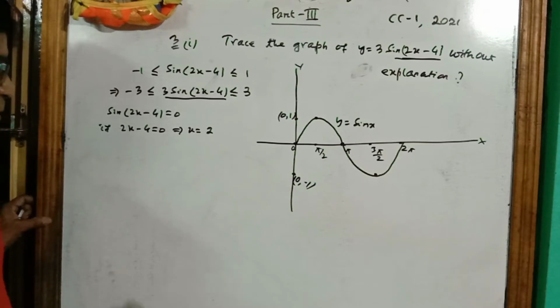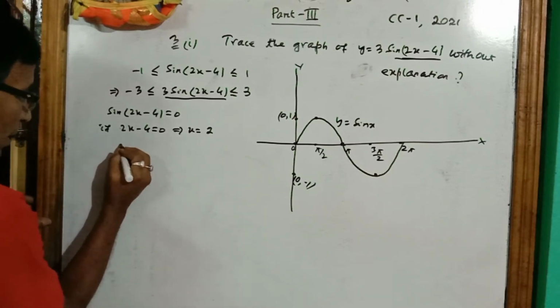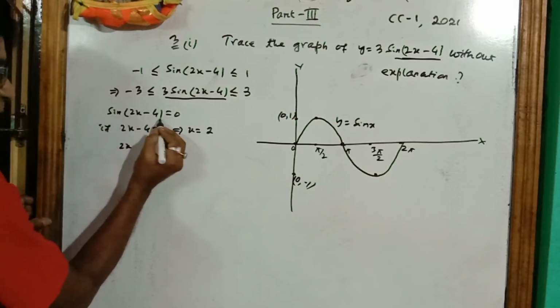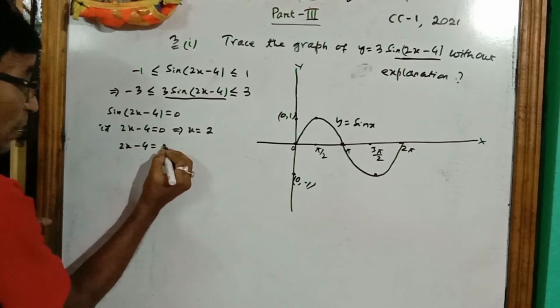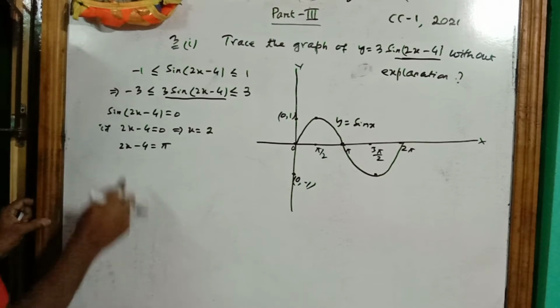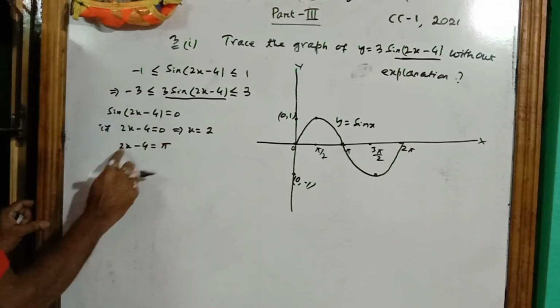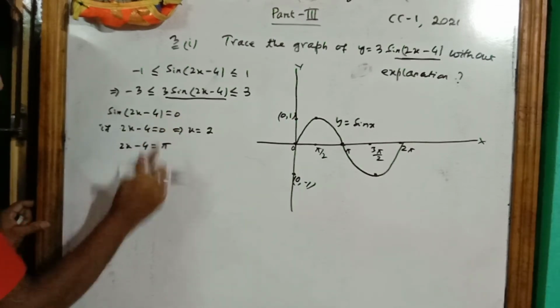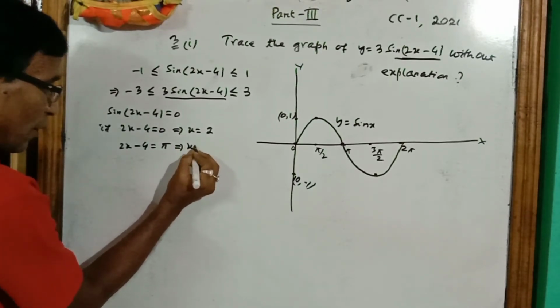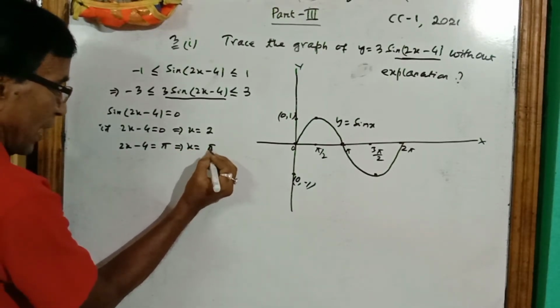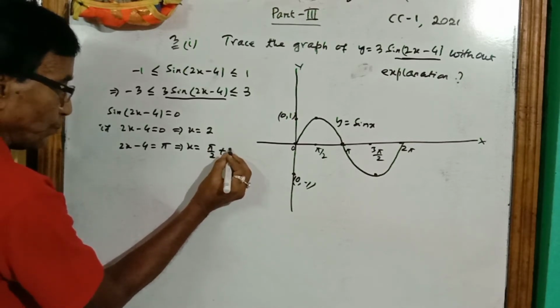Again, sine of (2x minus 4) will be 0 if 2x minus 4 is equal to pi, since sine of pi is equal to 0. So from here we are getting that x is equal to pi by 2 plus 2.